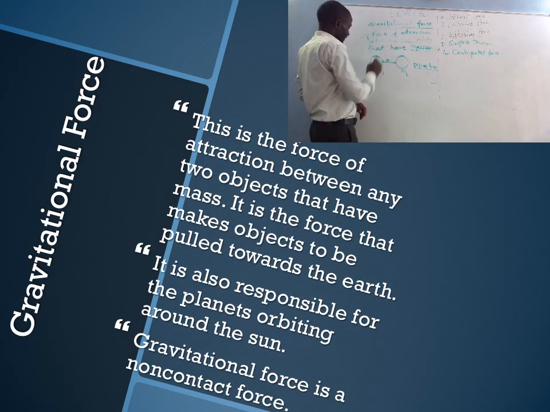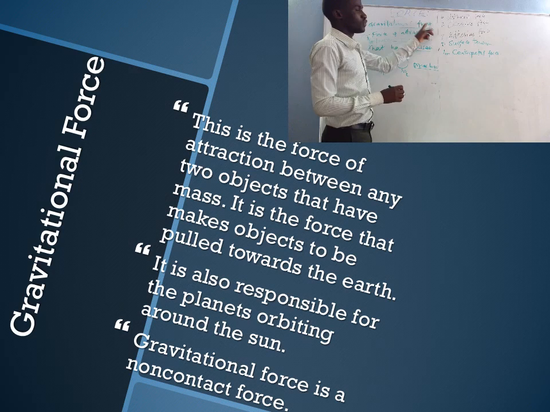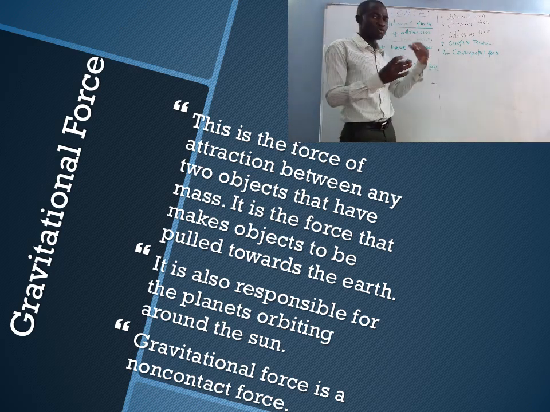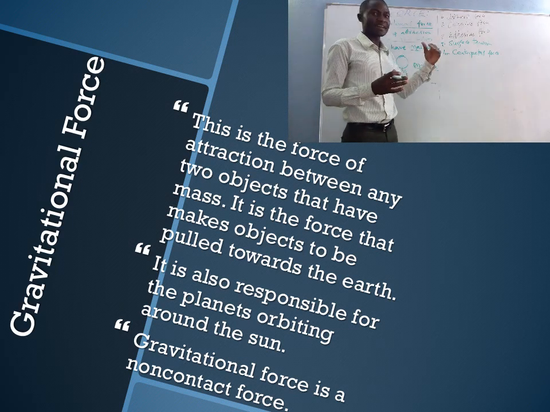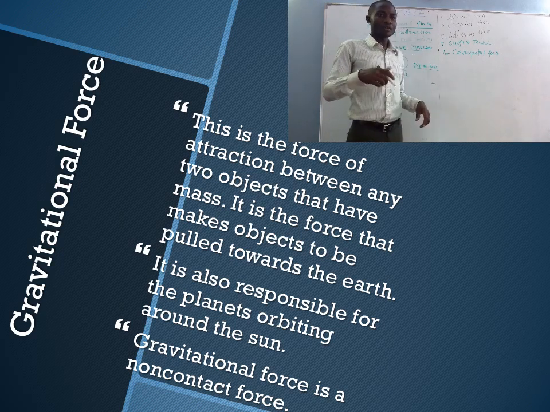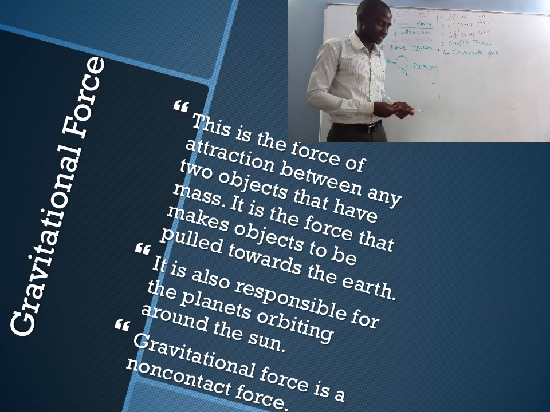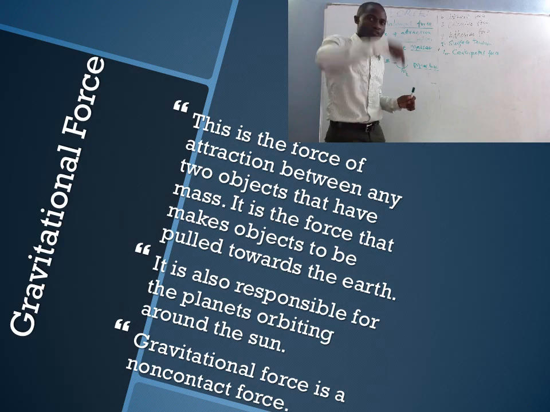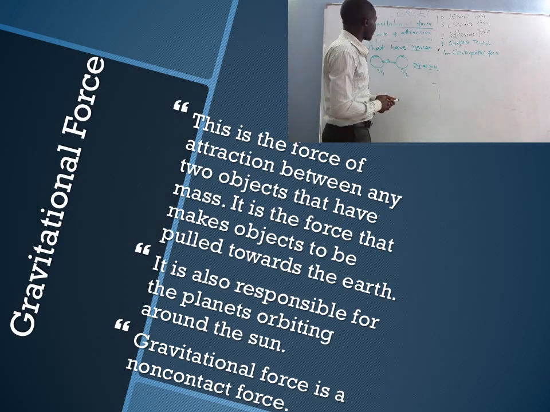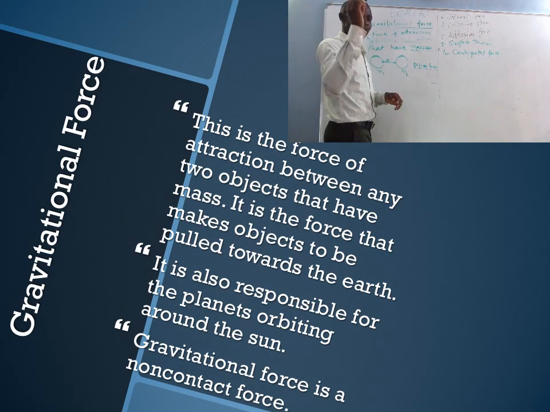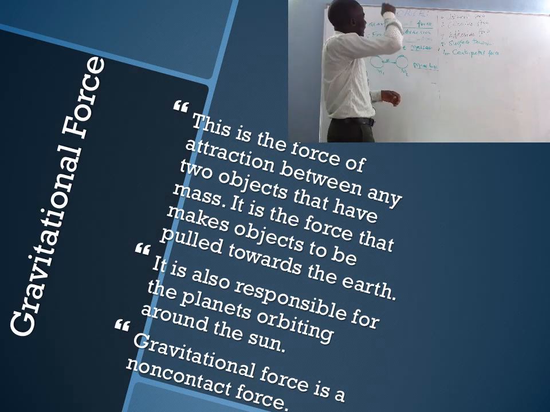And again, it is the gravitational force that pulls objects that are near the Earth towards the center. Whenever you throw an object up, it always falls towards the center of the Earth. This is because there is attraction between the object that you have thrown up and the Earth.